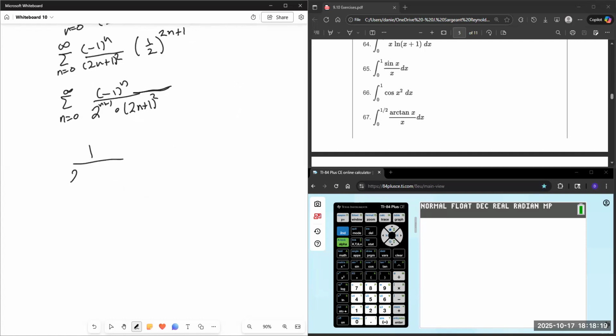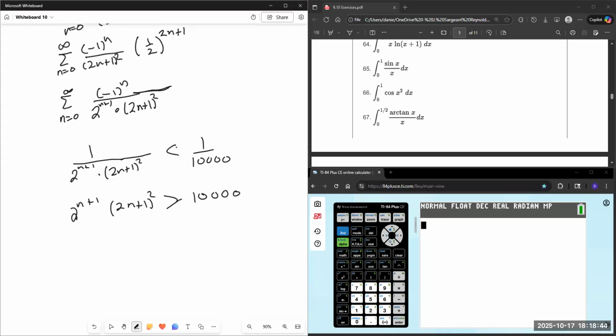So 1 over 2^(n+1) times (2n+1) quantity squared needs to be less than 1/10,000th. When does that happen? Well, that happens when 2^(n+1) times (2n+1) squared is greater than 10,000.